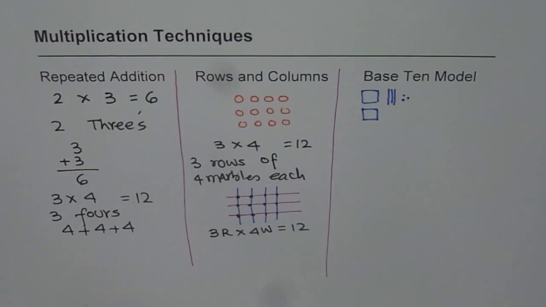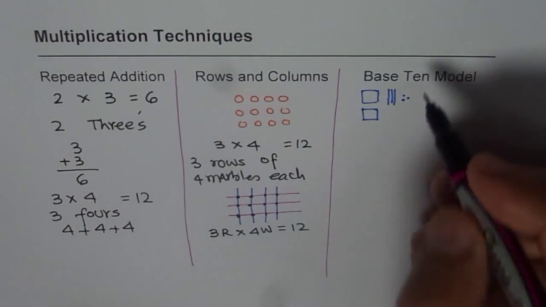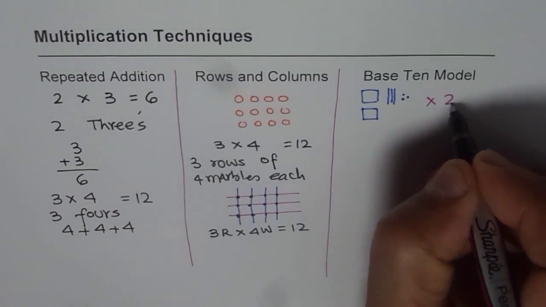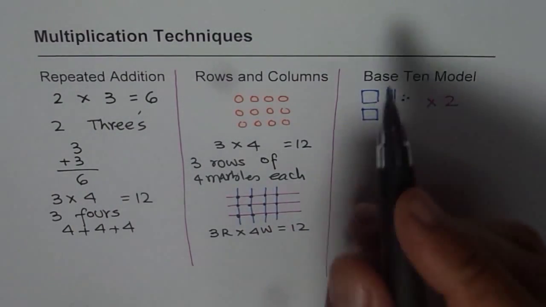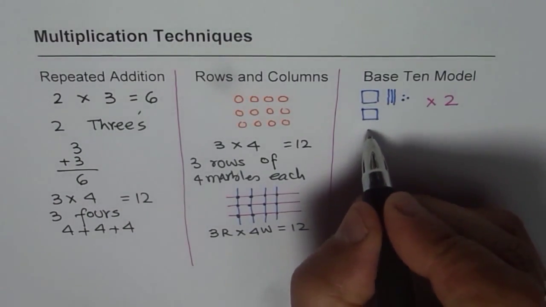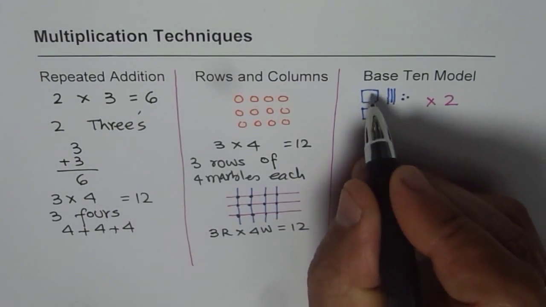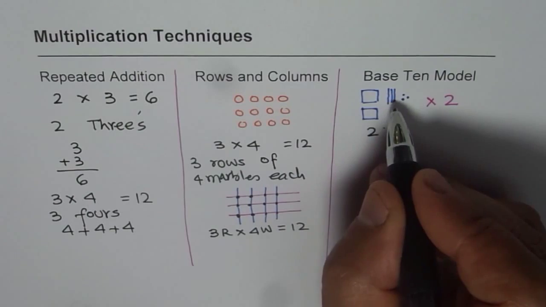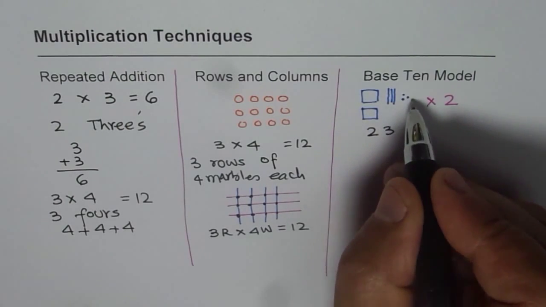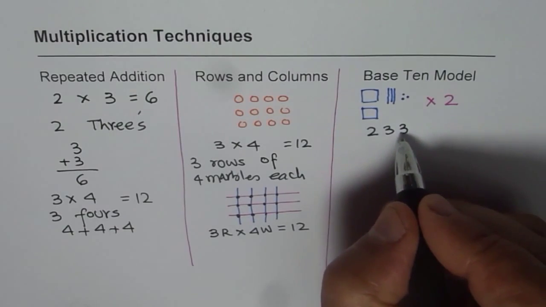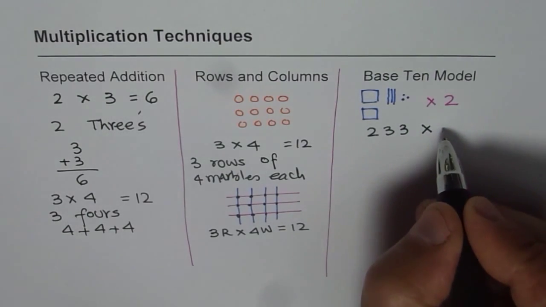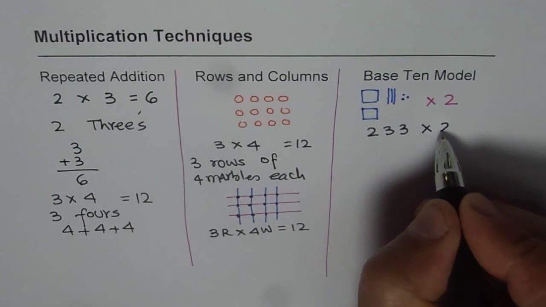In that case, if we do times 2, what does it mean? What we have here is a number which is 233, right? So we are trying to multiply 200, 3 tens means 30 and 3 ones, so 33. We are trying to multiply 233 by 2.